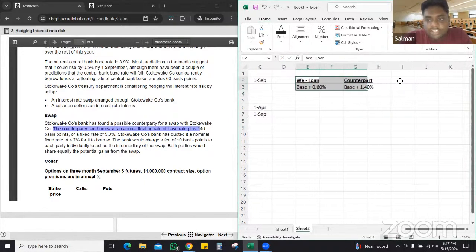So we are having the advantage. What is the difference? 1.4% minus 0.6%, 0.8%.